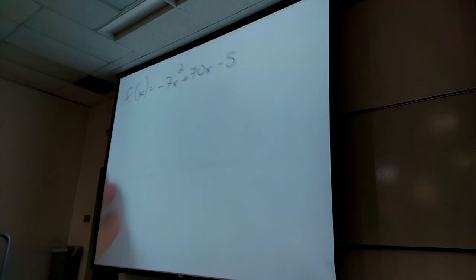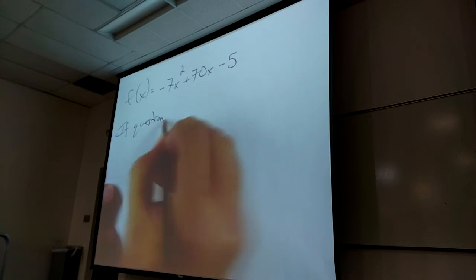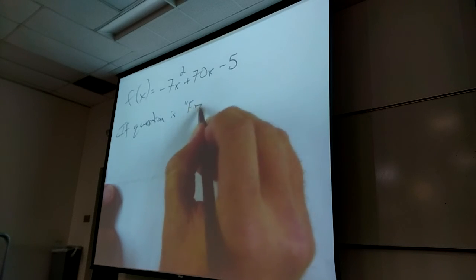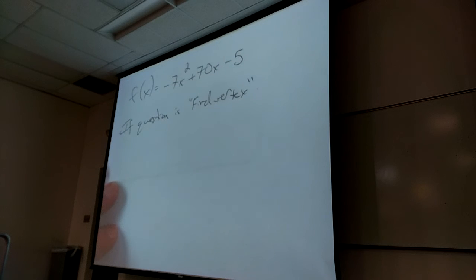If all I ask you for from this is find the vertex, and that's like the only question, what would it be in this case?